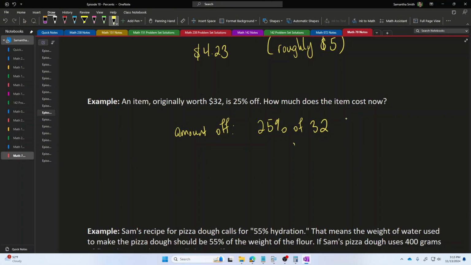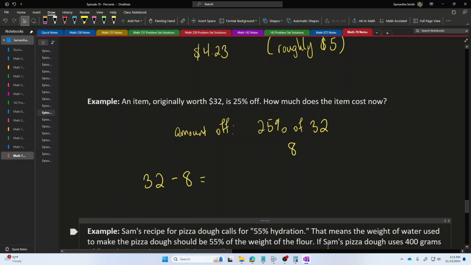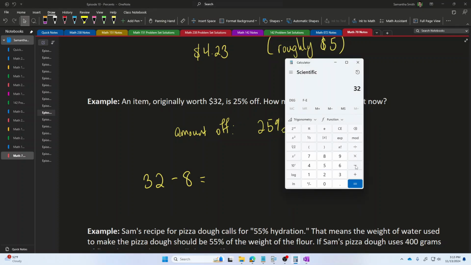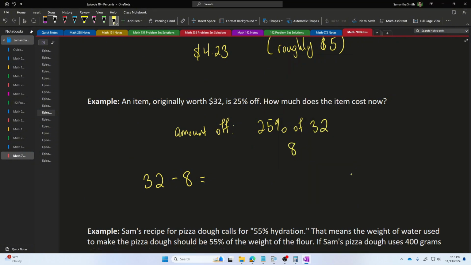And if I take half of 32 twice, the result of that is 8. So I'm going to take $8 off the original price. I'm going to take my original price and subtract 8 from that. And if I subtract 8 from my original price, the result of that is $24. And so that is how much the item would be worth on sale.